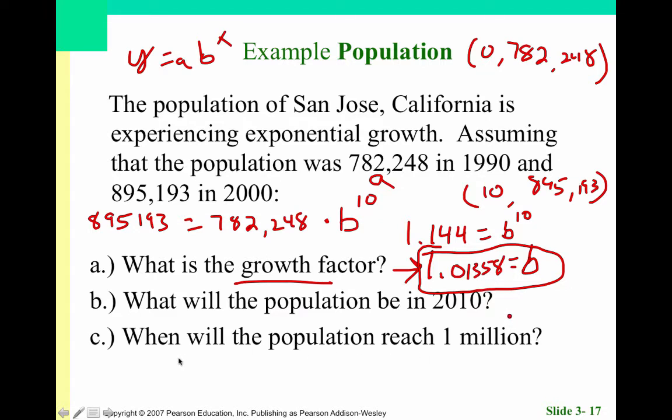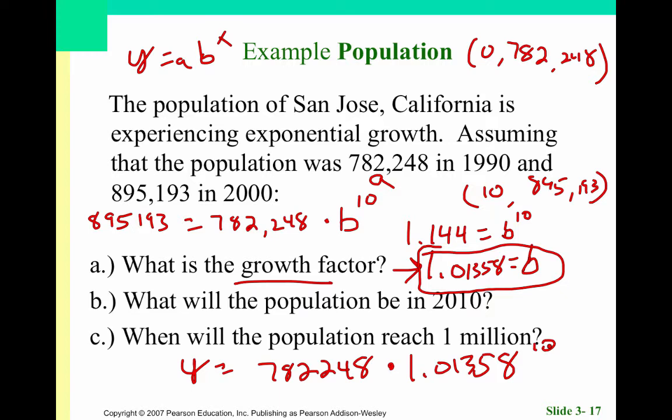What's the population in 2010? Well, take your y equals 782,248 times my value of b raised to the 10th. Just type that into your calculator, and you could use a more exact value. Oh, now I need 20.